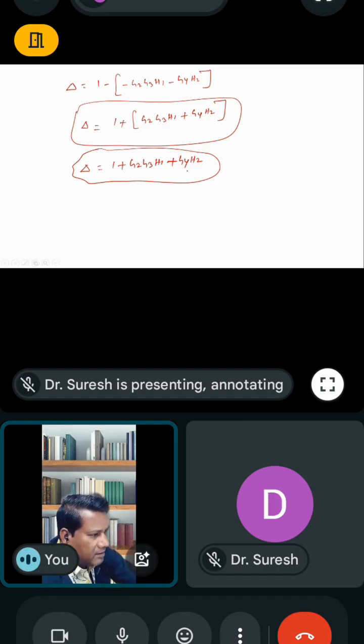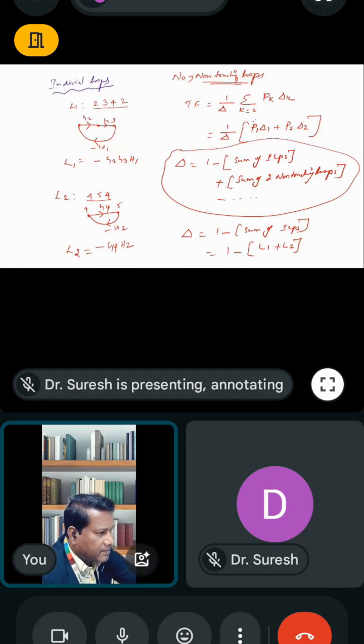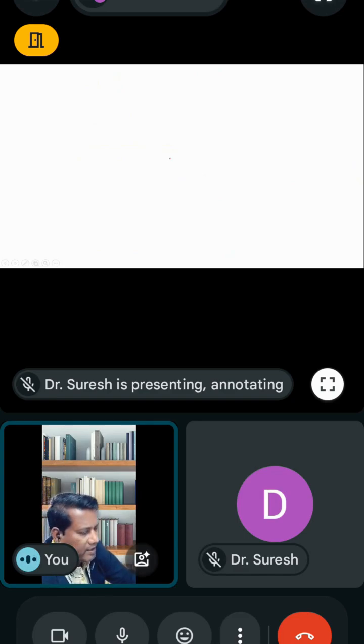So as per the transfer function expression, we got del, P1, P2. Next we have to find out del 1 and del 2. What does del 1 mean? Del 1, the 1 is the first forward path.